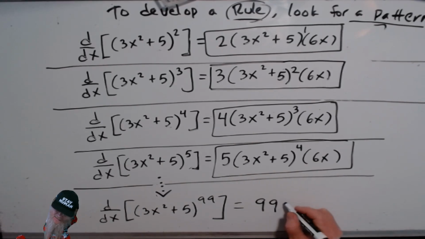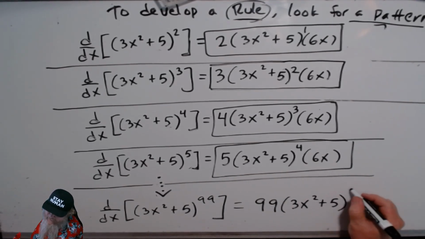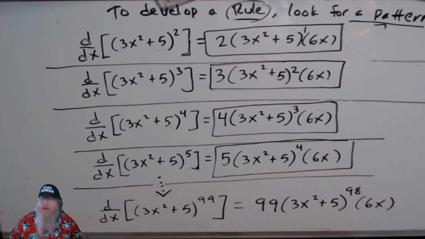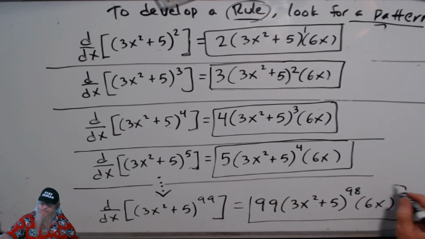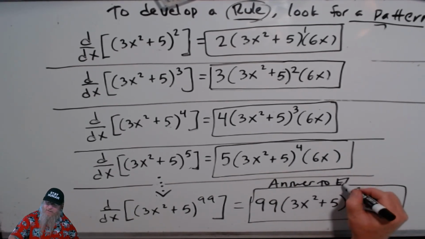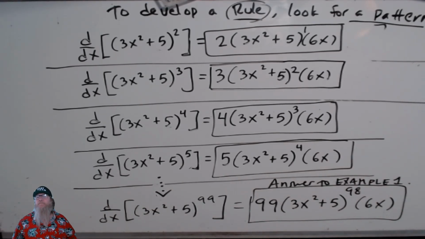It's going to be 99 times 3x squared plus 5 to the 98th, and then times 6x. So this is the answer to example 1. I erased example 1 a long time ago, but that's the question I was trying to resolve.